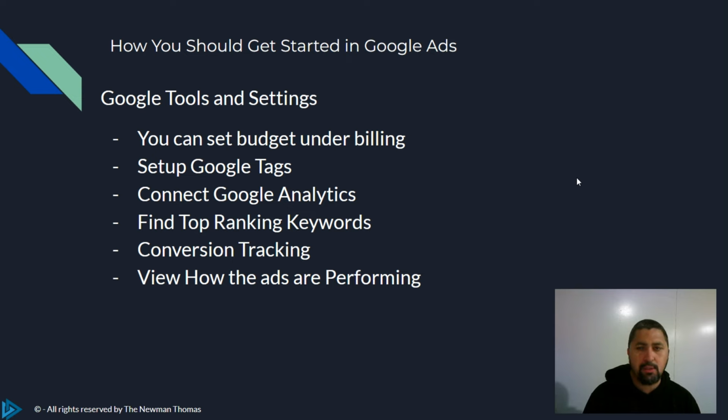Also, with the tools and settings in Google, you'll be able to find the top ranking keywords, where you type in a keyword and it will tell you how competitive that keyword is compared to other keywords as well. You can track your conversions from Google Ads as well. For example, you have 10 million people that clicked on your ad.